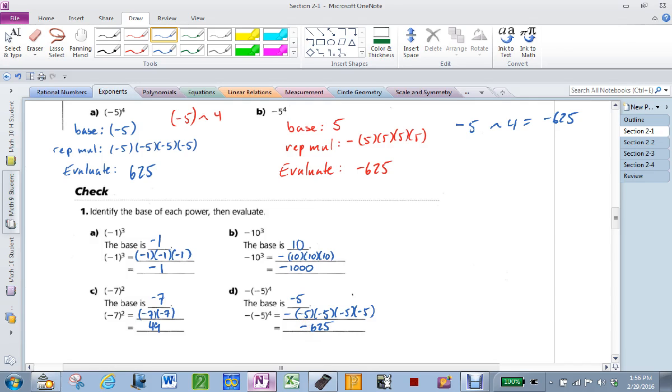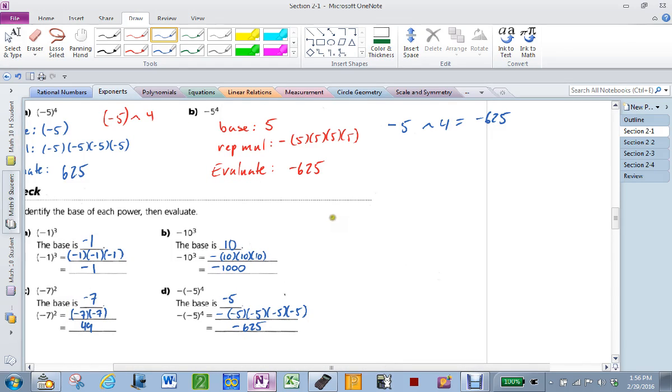Everybody got it? Okay. Now, over here I want you to write E, because there's one other thing that can get you here. Everybody ready? It is negative 2 cubed. What's the base? Negative 2. So negative 2 cubed is what repeated?